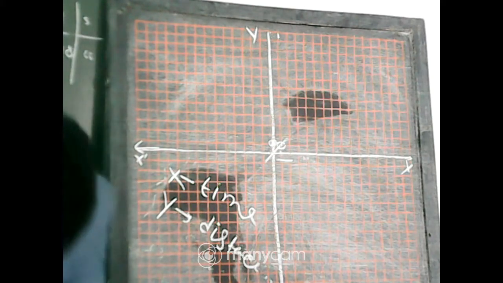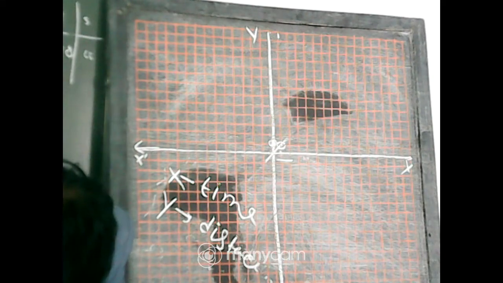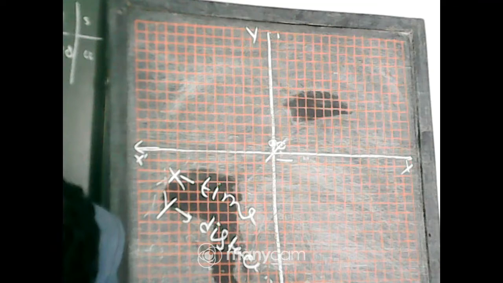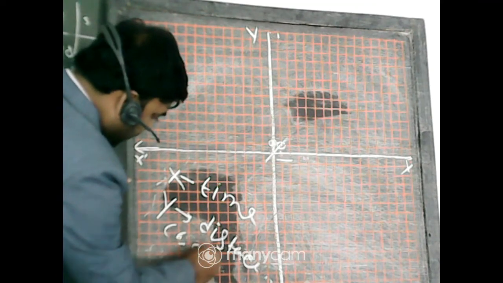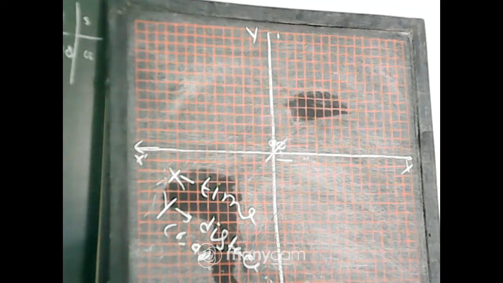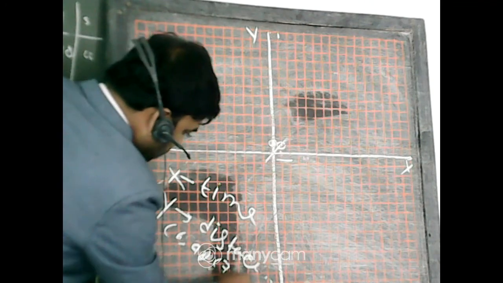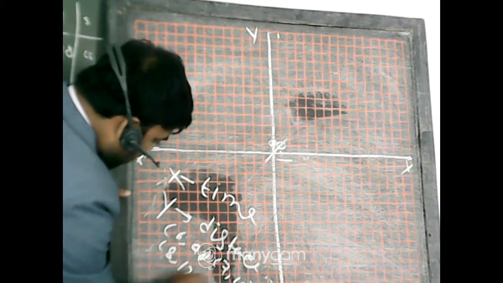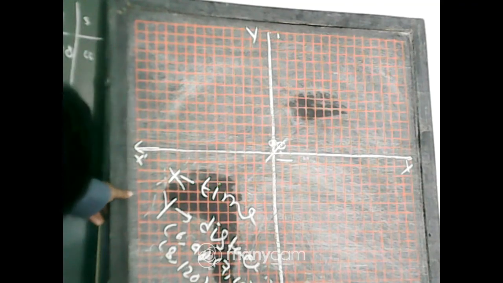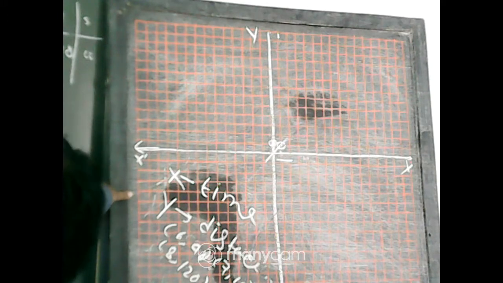Now framing the points. So 6, 40; points are 6, 40, next point 7, 80, 8, 120, and 9, 160.